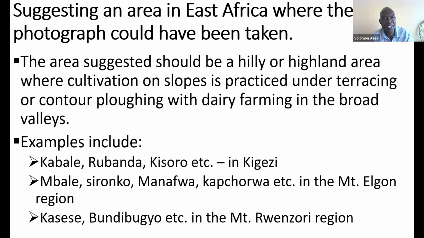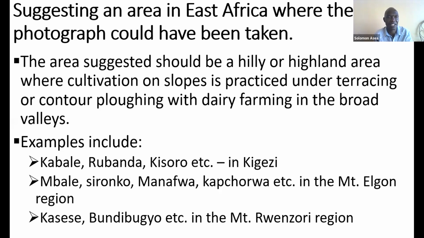In our case here, the suggested area should be a hill where cultivation on slopes is practiced under terracing or contour plowing, with broad valleys. So an area which has such can be suggested and credited.